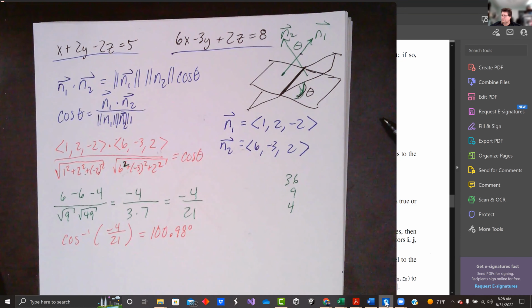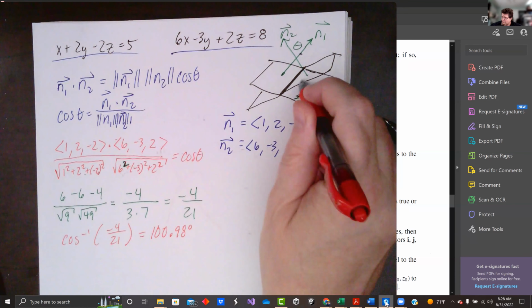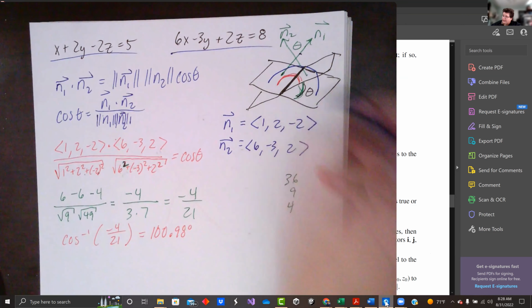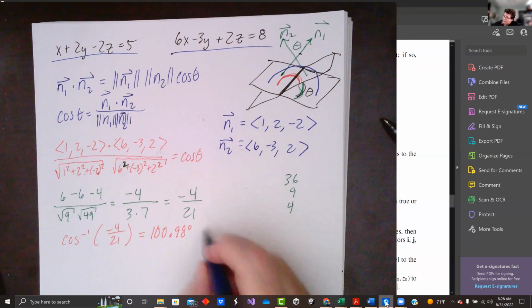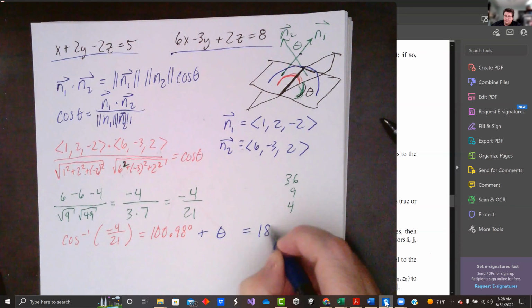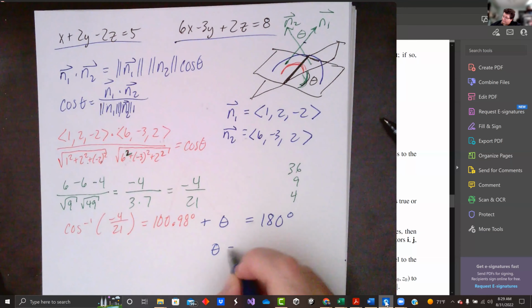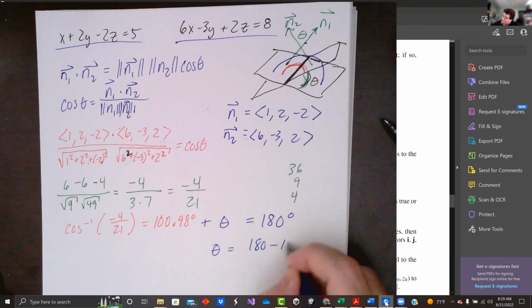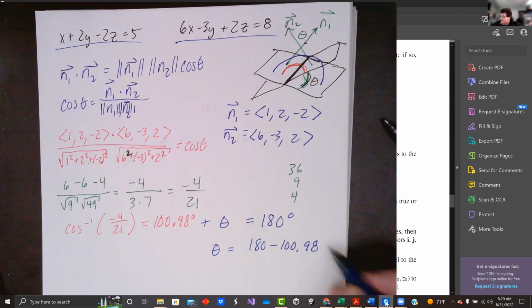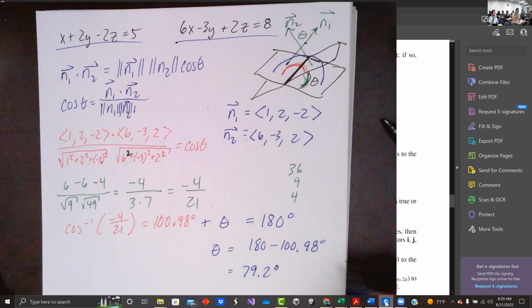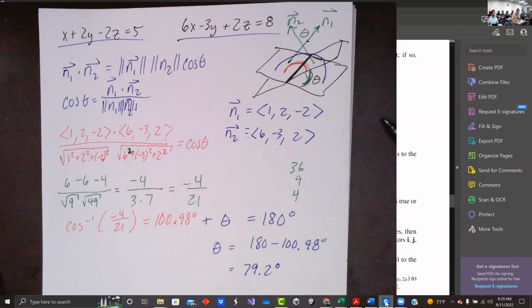That is not an acute angle, so that must be this angle right here, the way I did the picture. Going from one side of a plane to the other is 180 degrees, so this plus the theta I'm looking for is 180 degrees. So theta will be 180 minus that, which is 79.02.